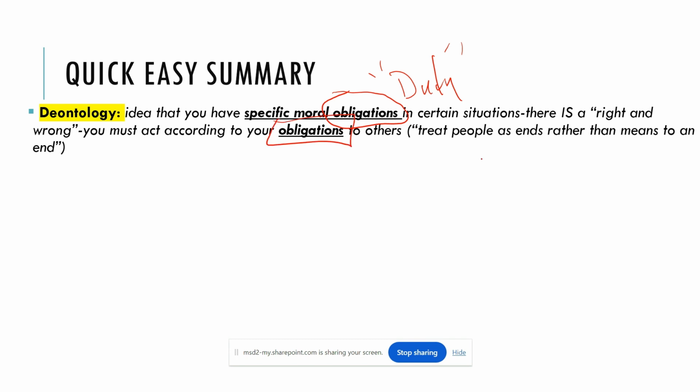Generally, what they would say is that whatever is treating people as an end in themselves, whatever is the most respectful towards a specific person, and what a reasonable person would say is your obligation to someone in the way that we understand our right and wrong ways of treating each other in that situation. So again, the focus is on the choice based off of the obligation.